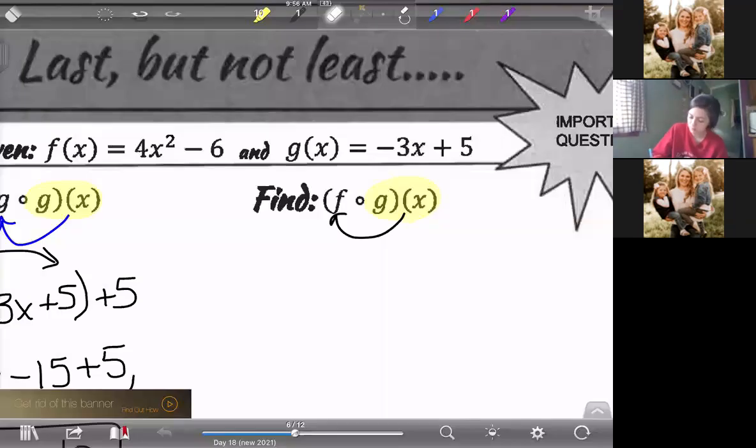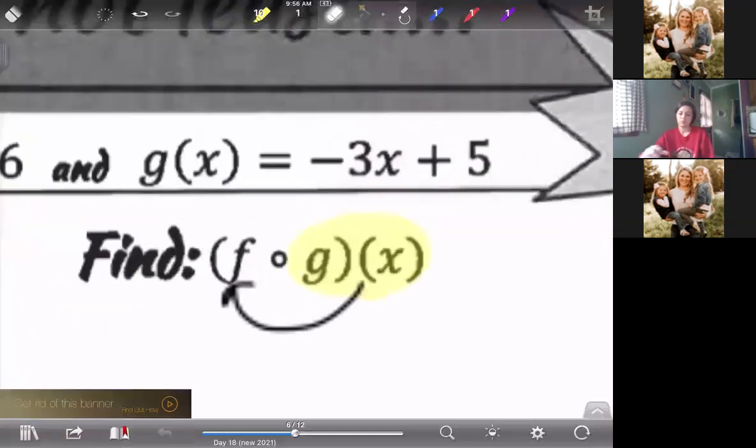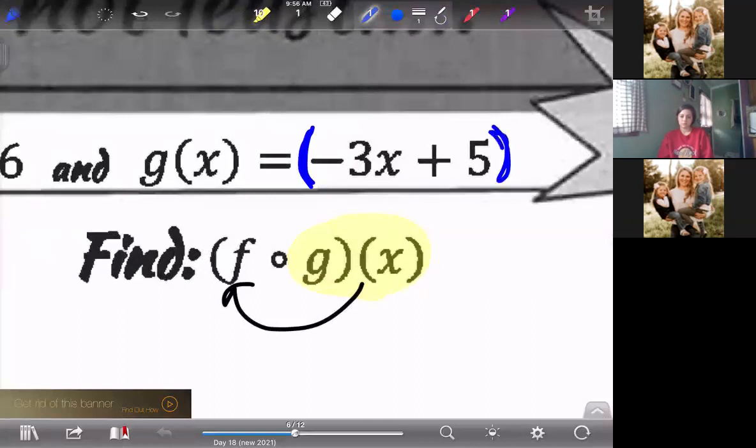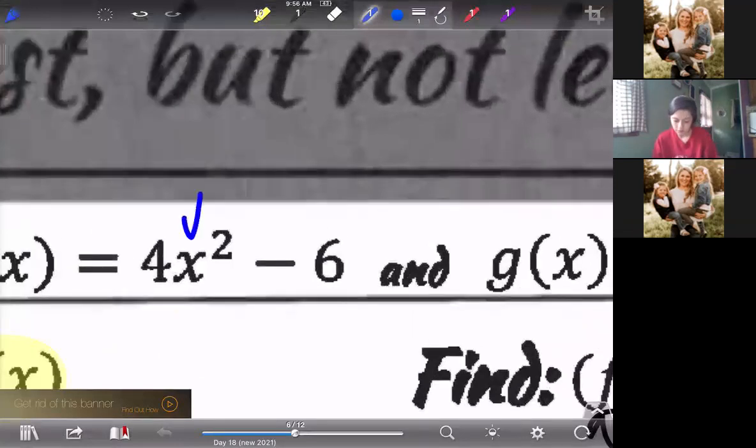All right, so we're going to take that g of x. We're going to put the entire thing in parentheses. So this whole entire function, -3x plus 5, is going to get plugged in right here for this x. So this x is going to go away.